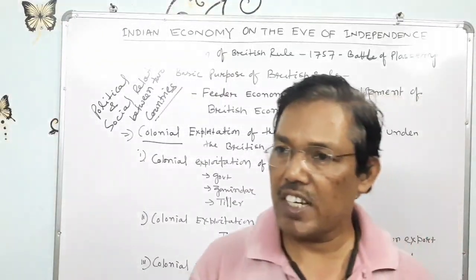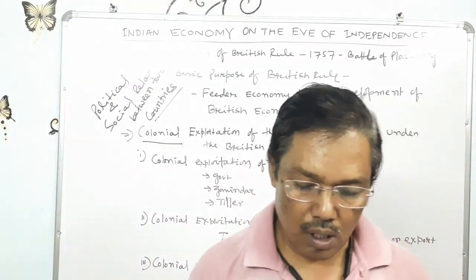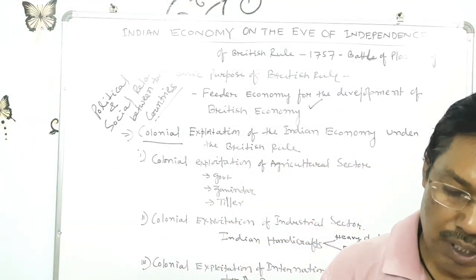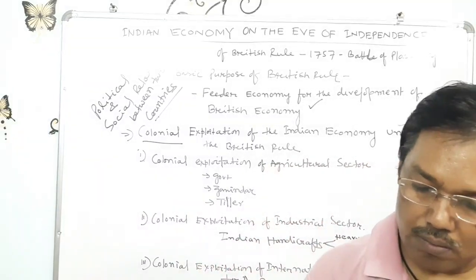So the Britishers were the rulers of our country. The British government ruled our country. They made their economic policies and their political policies.